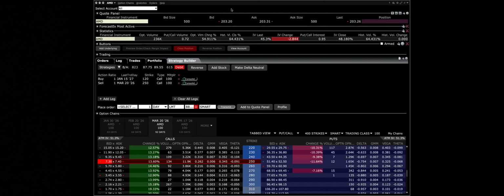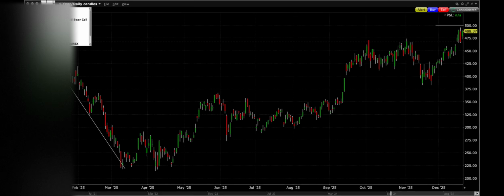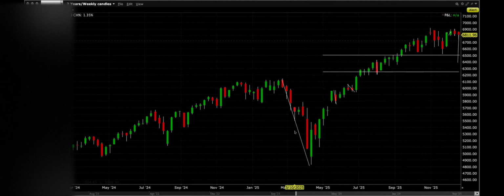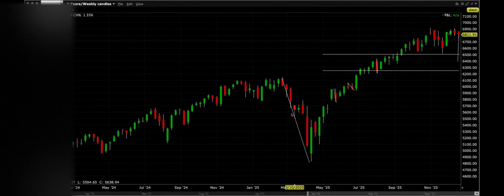If you're looking at the S&P and we're saying, okay, what's the S&P done in the last few years, if you look at a couple years out, weekly, the biggest drawdown we've had was during April because of the tariffs, right? But aside from that, we've had these minor pullbacks of like 3.6%, 2%, 3.5%. Even recently, the pullback here has been very, very nominal overall, right?